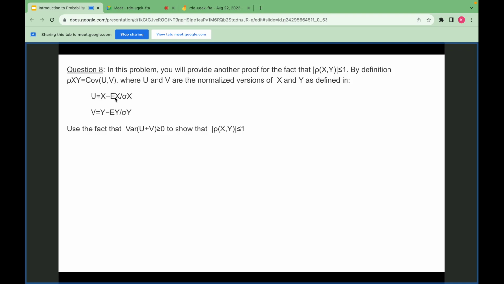So u is x minus expectation of x upon standard deviation of x, and similarly v is y minus expectation of y upon standard deviation of y. So now we need to show that this rho of xy is always less than or equal to 1.